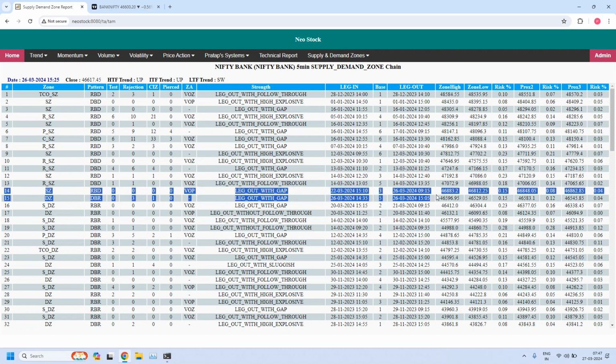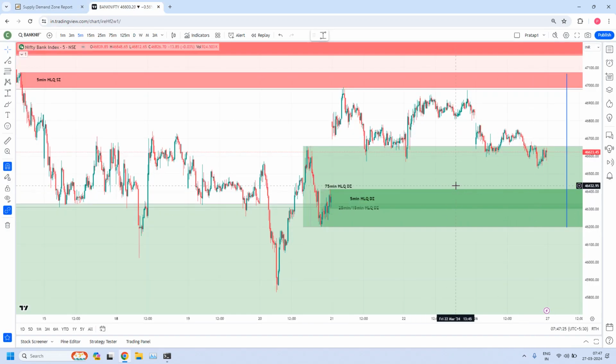Serial number 14 and serial number 15. These zones were created yesterday, but they are normal zones. So that is the reason why there are no changes in support and resistance. Whatever we identified in the previous video, the same 5 minute supply zone and this 5 minutes demand zone are applicable for our range.